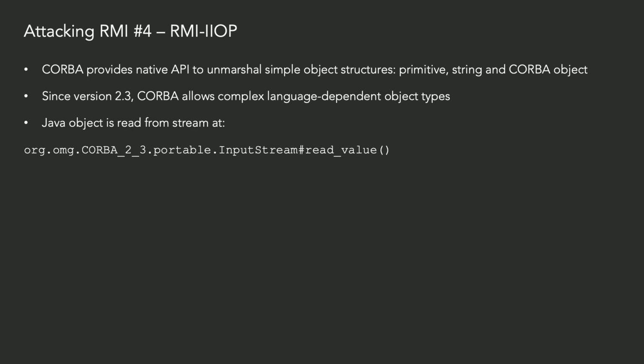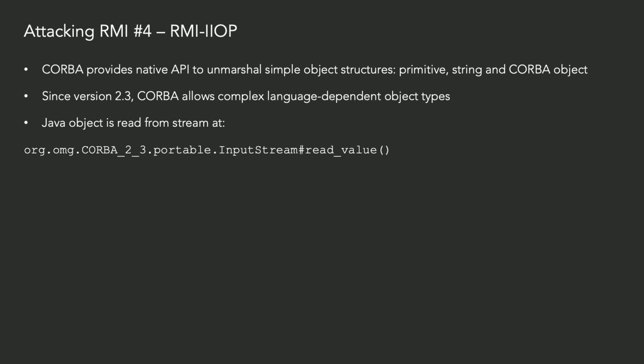CORBA under Java is RMI over IIOP. It provides a native API to unmarshal simple object structures like primitives, strings, and CORBA objects. This is because they are required to work across different languages like C++ and Java.